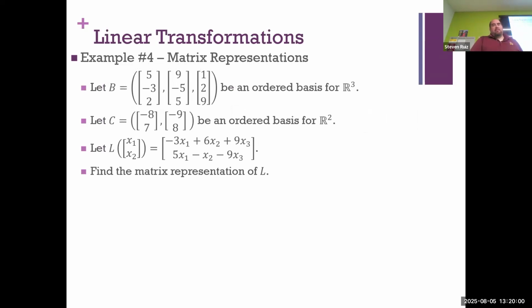Now I want to go between 2 bases. So I have B, which is a basis for R3, C is an ordered basis for R2, and I know what L does.